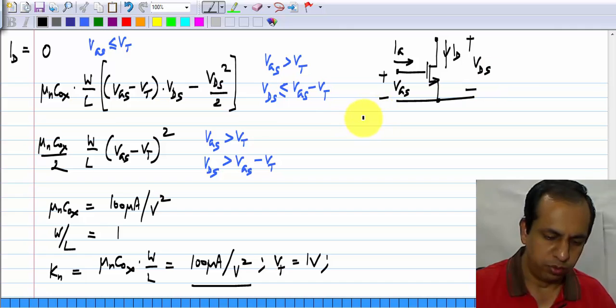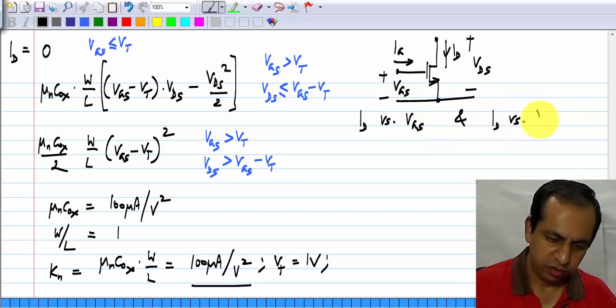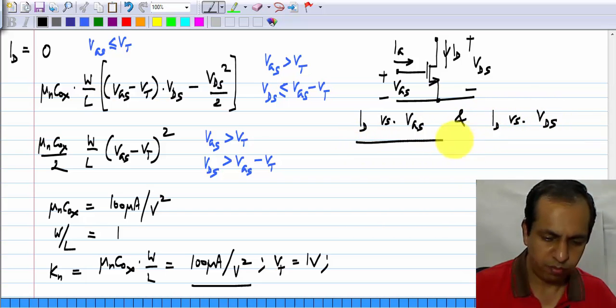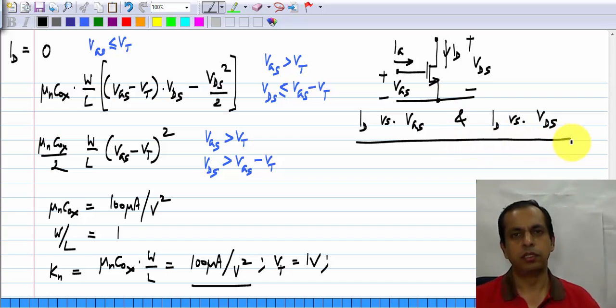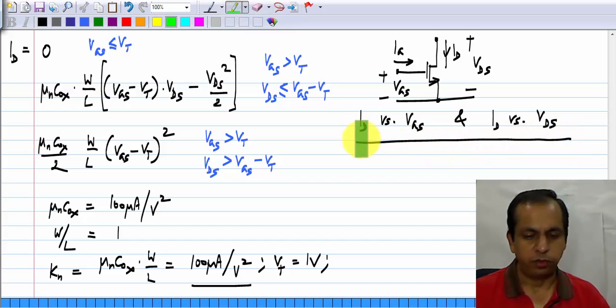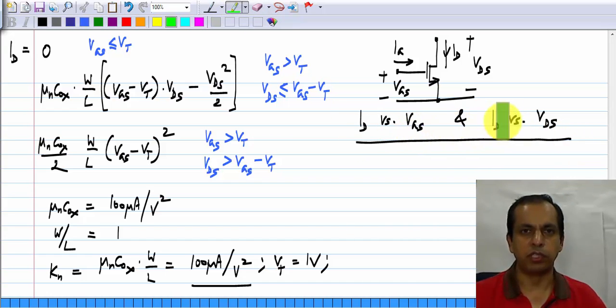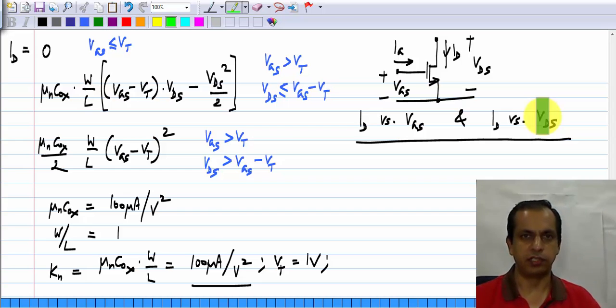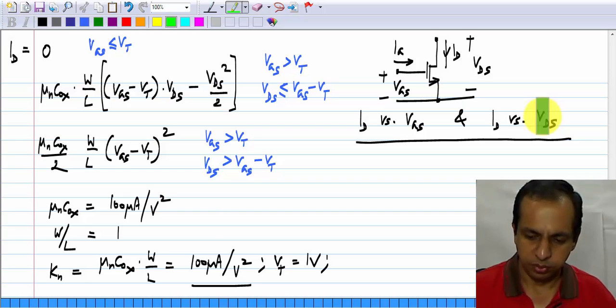So we have to look for plots of ID versus VGS and ID versus VDS. Now ID versus VGS will be with some constant value of VDS, and then you can choose another constant value of VDS and keep plotting. Similarly, ID versus VDS would be for a constant value of VGS, and then you plot it for different constant values of VGS. So let's do this.